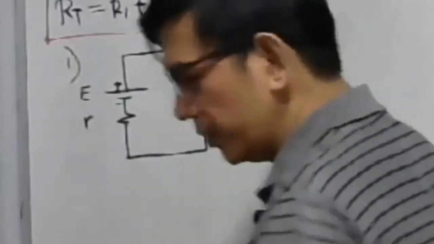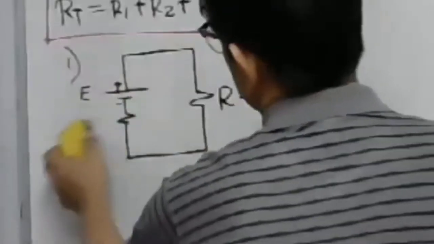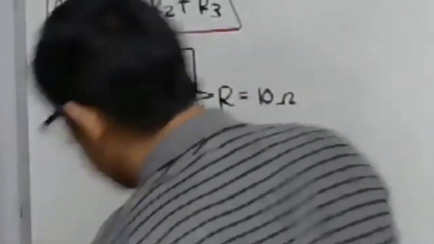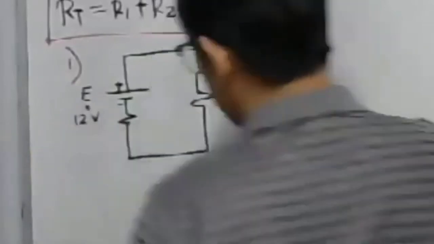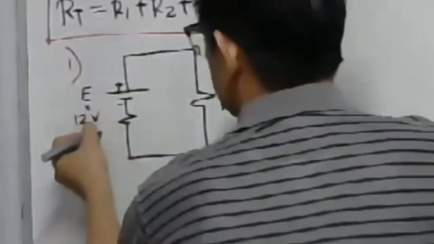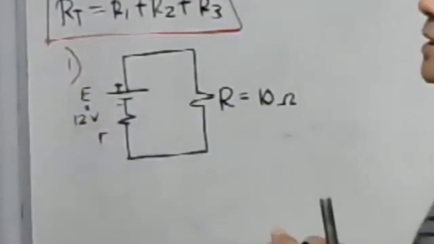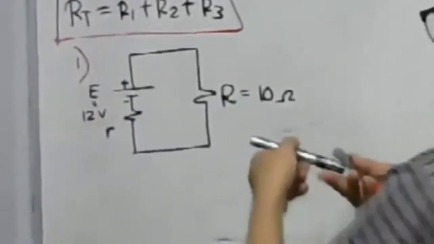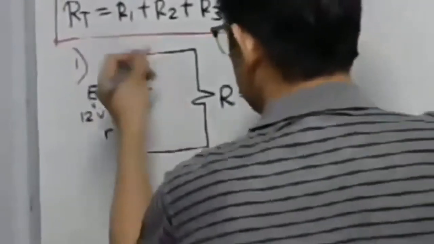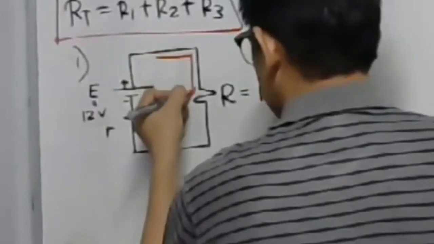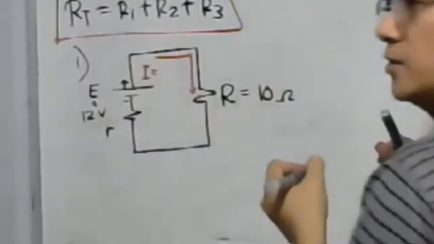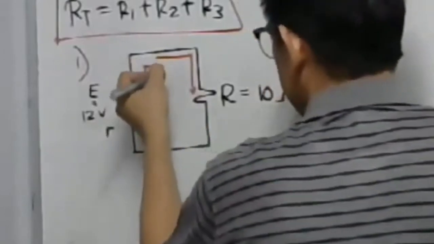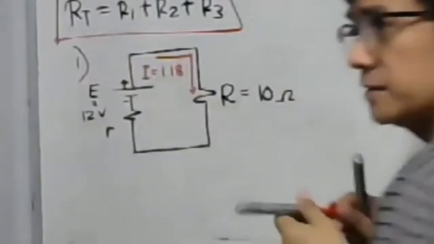So we have a 12 volt battery. Let us put here the value, 12 volts. The current drawn, so we have a current flowing here. Let us represent this as I. We have the given value 1.18 amperes.